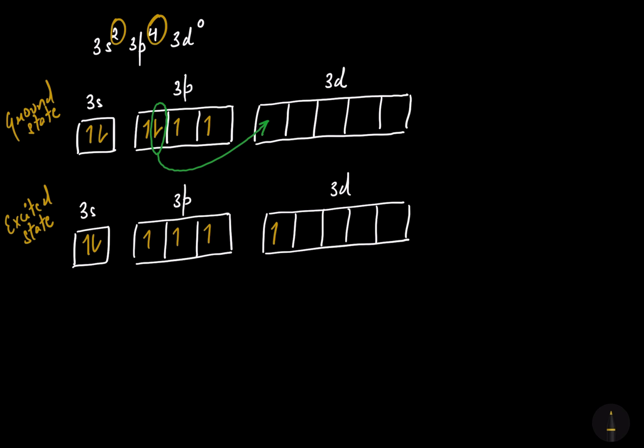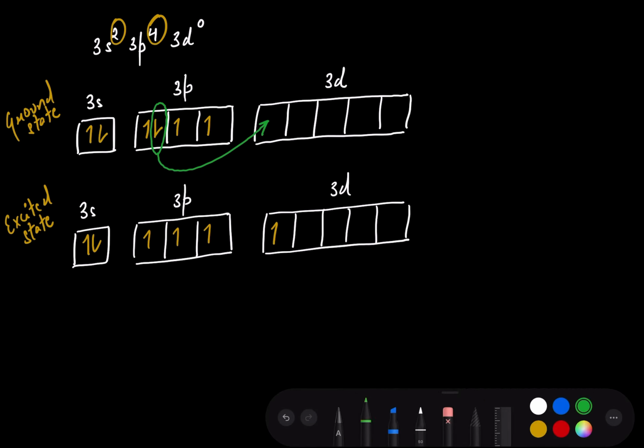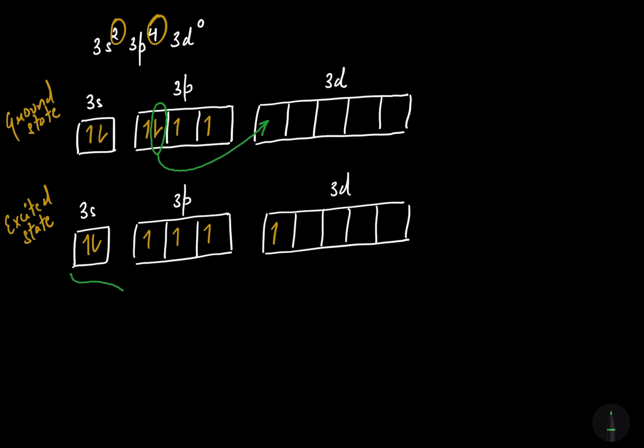During the hybridization, the orbitals available within the shell will be taken. So in this case, we will take one s orbital and 2 p orbitals for the hybridization process.